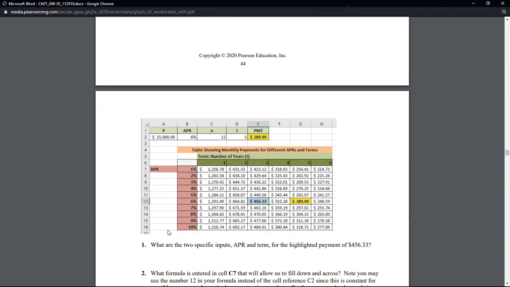Or what if their credit is terrible and they get a 10% loan? Or what if their credit's mediocre and they get a 5% loan? So this is going to go through a range of possibilities, 10 different APRs, basically 10 different credit ratings, and 6 different terms, lengths of time in years.